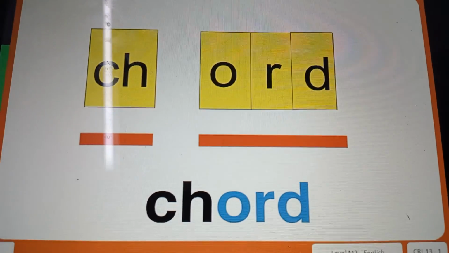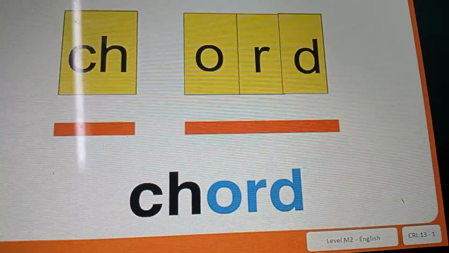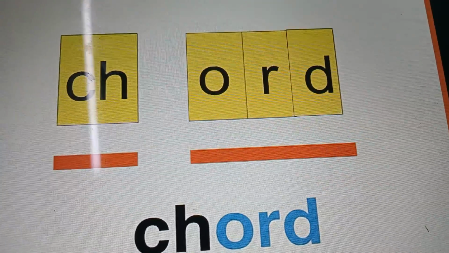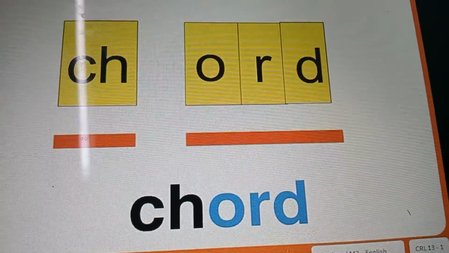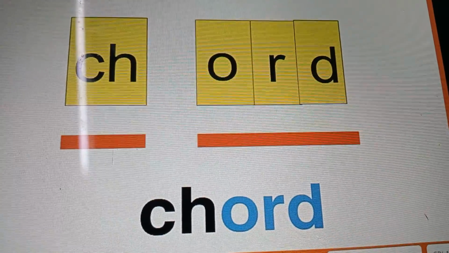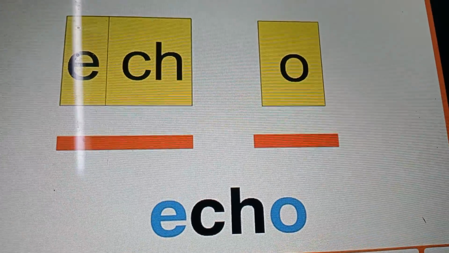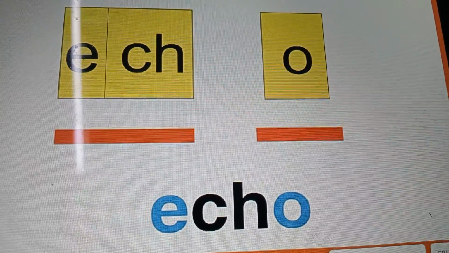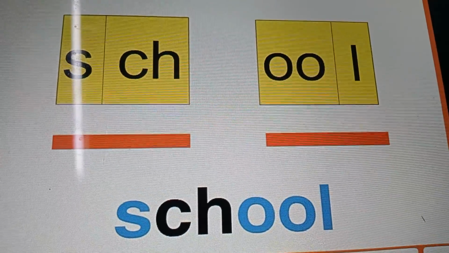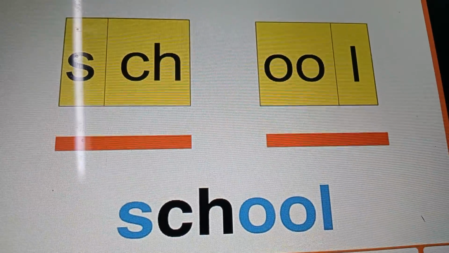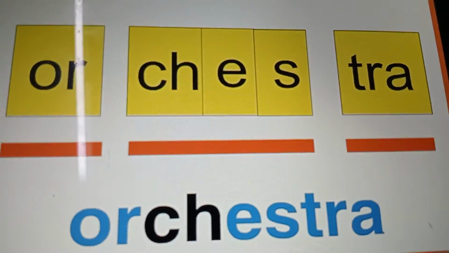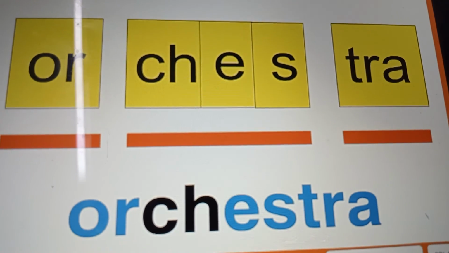Let's learn how to break a word into sounds and read it. Let's see the first word. K, O, R, D. Cord. Let's see the next example. E, K, O. Echo. S, K, U, L. School. Or K, E, S, tra.